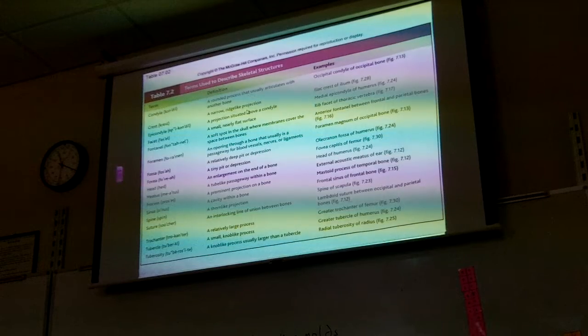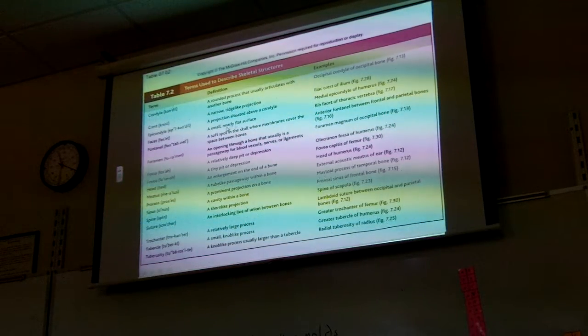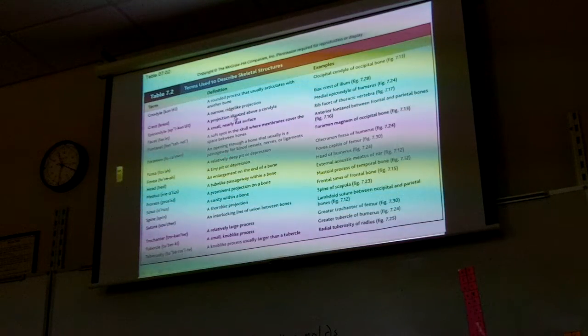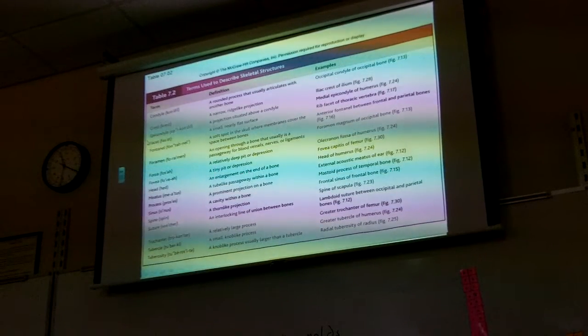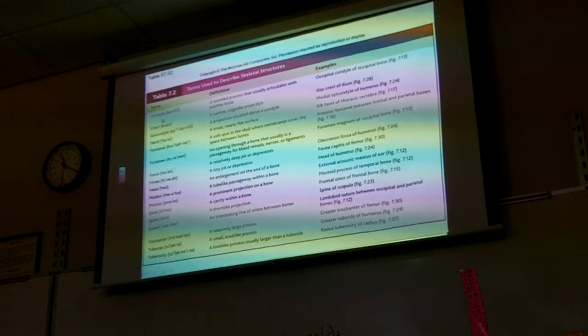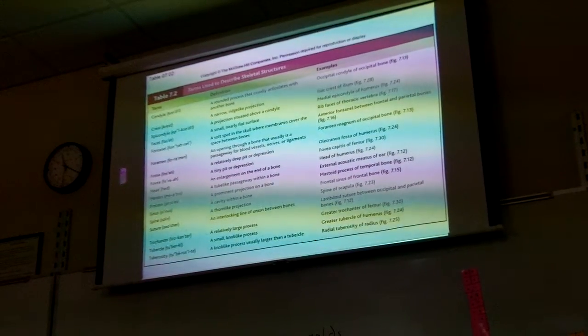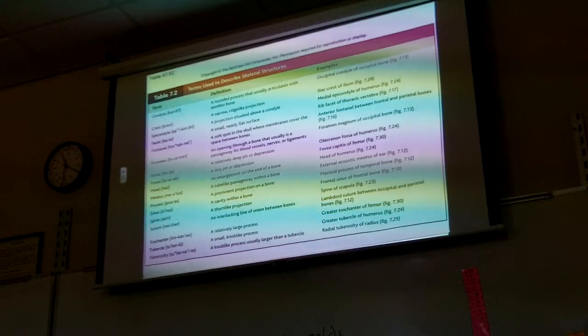Parts of the skeleton have crests, narrow ridge-like portions. An epicondyle, a projection situated above a condyle. So epi means above. So condyle is this rounded projection, and above the condyle you might have an epicondyle, a little projection above the condyle.